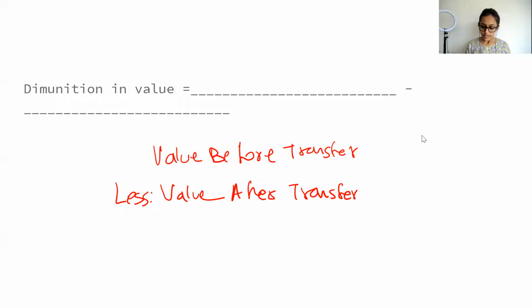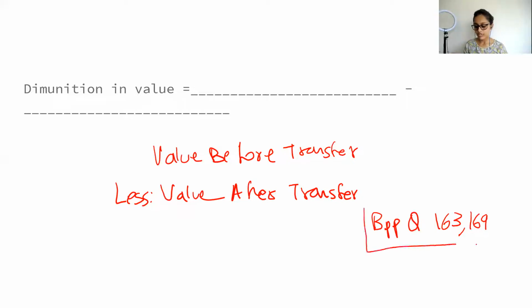In your BPP revision kit, questions 163 and 169 are with regards to this area. So if you know how to do it, you don't have to waste your time there, but if you want to have a look, you can go through it. Diminution in value is also a tested topic.